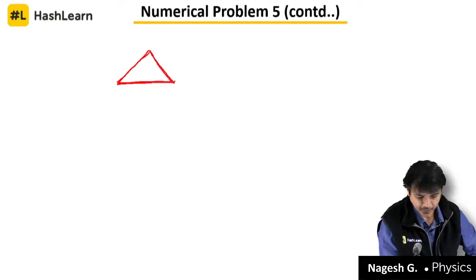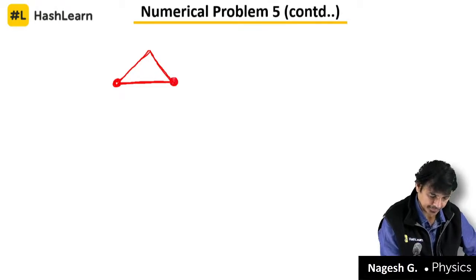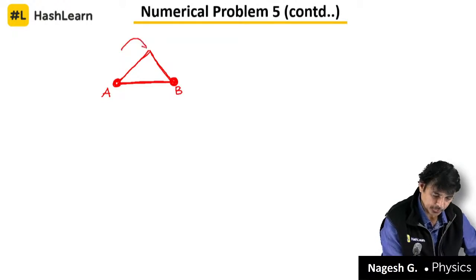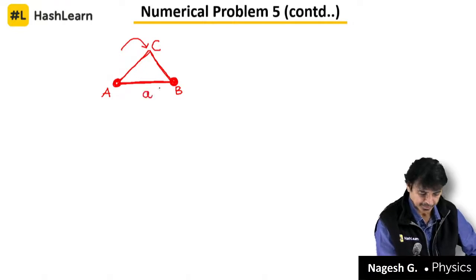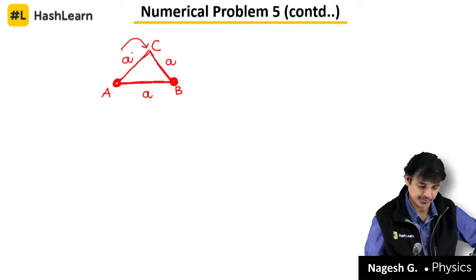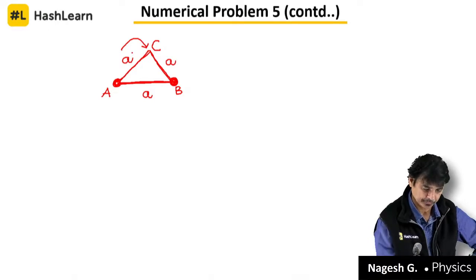Next, now the masses are arranged in the form of an equilateral triangle A, B, and I want to know the strength of the gravitational field at the point C. Let a be the side of the triangle, which is considered to be an equilateral triangle.